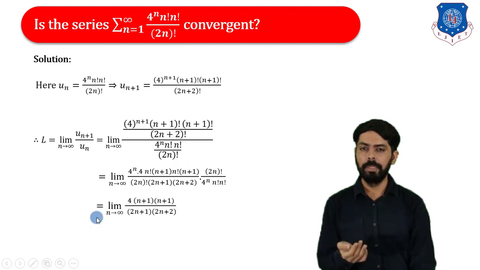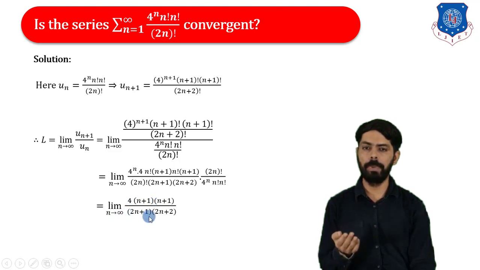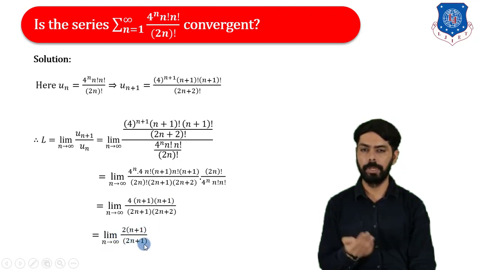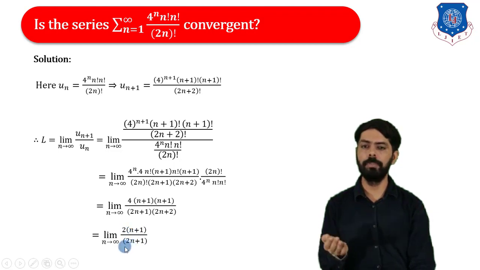So it will be limit n tends to infinity 4 into (n+1) into (n+1) divided by (2n+1) into (2n+2). Now here we will take 2 common from this bracket, so it will be 2 into (n+1), and 4 divided by 2 will be 2, and (n+1) cancels out, so it will be limit n tends to infinity 2 into (n+1) divided by (2n+1). Now we will take n common from numerator as well as from denominator.